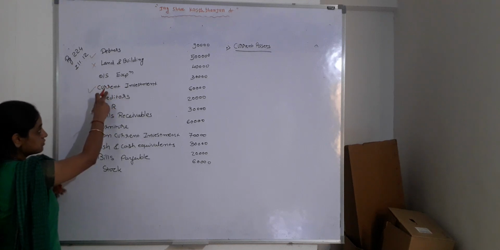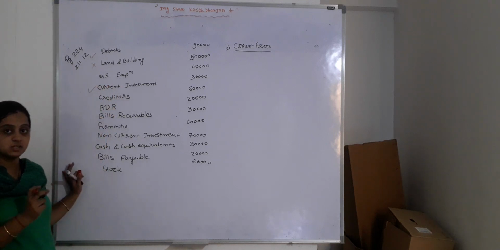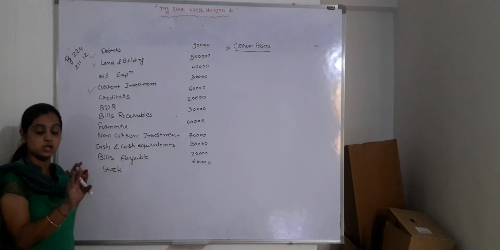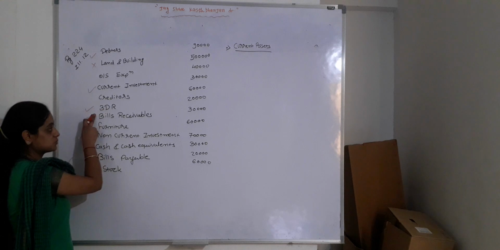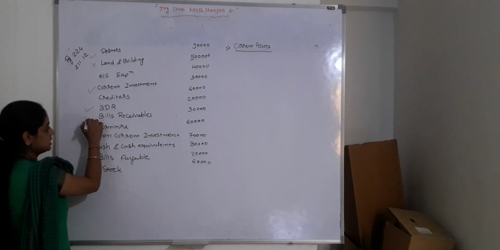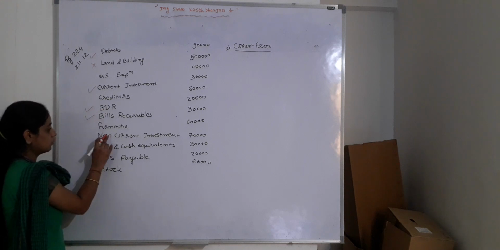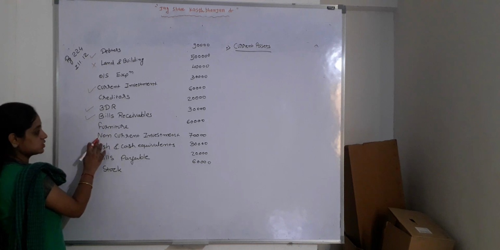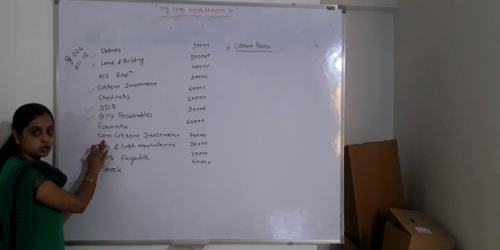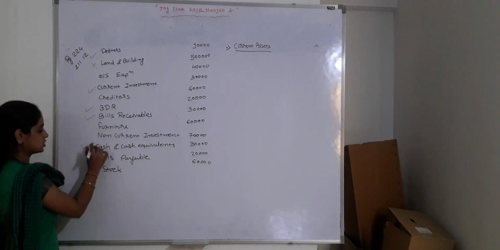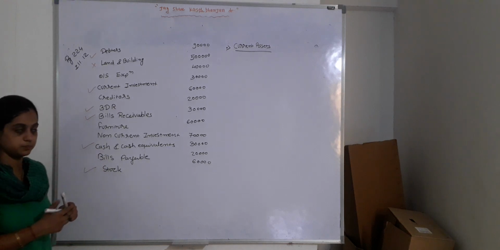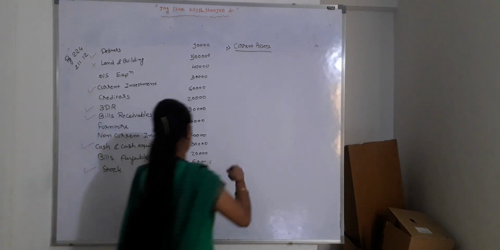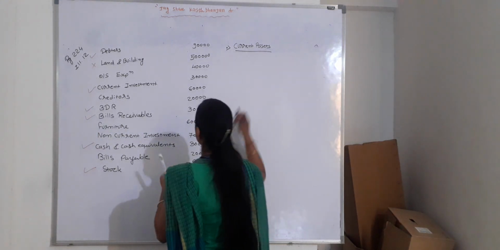Yes, because they have used the word current. If they have used the word non-current, then it will not be included over here. Creditors? No. BDR? Yes. Subtracted. Bills receivable? Yes. Furniture? No. Non-current investment? No. See, they have used the word non-current. Then cash and cash equivalents, yes. Bills payable? No. Stock. Right.